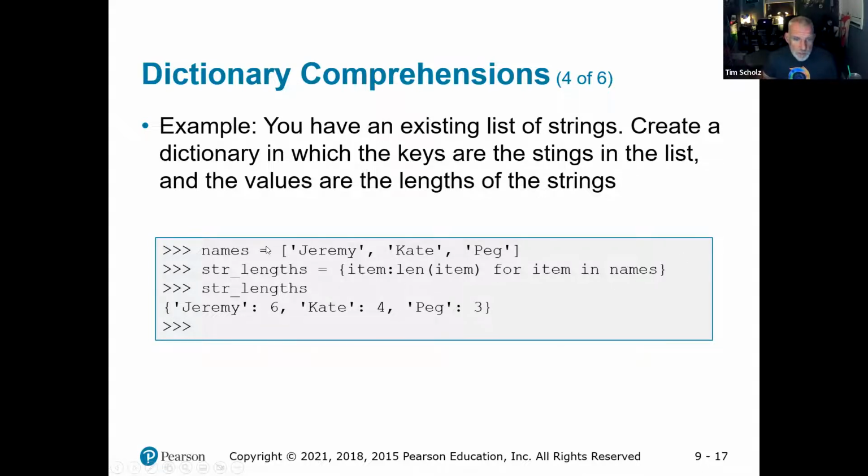We say item, because we're using names, and we're using for item in names. So this defines what item is. And this time, instead of doing the square of it, we're saying item and then the length of item. So in this case, we have a dictionary that has Jeremy 6, Kate 4, Peg 3.